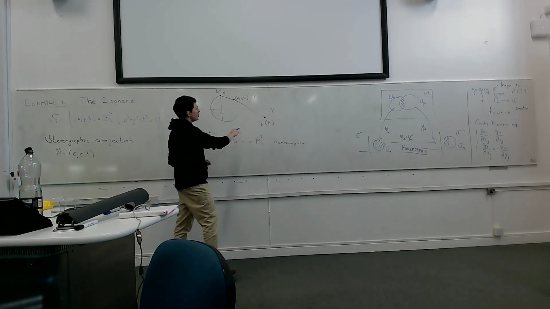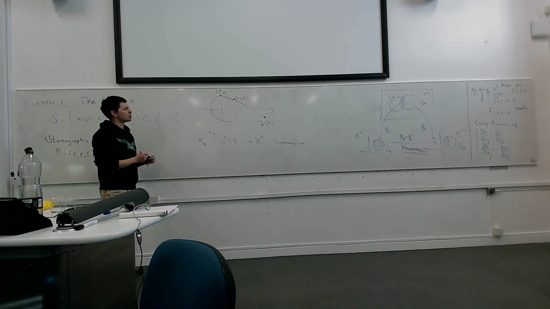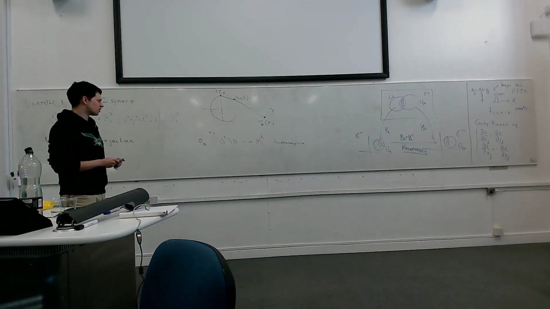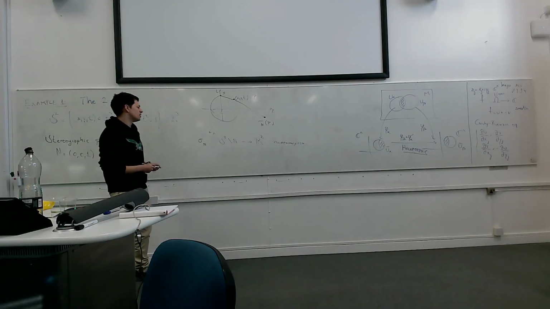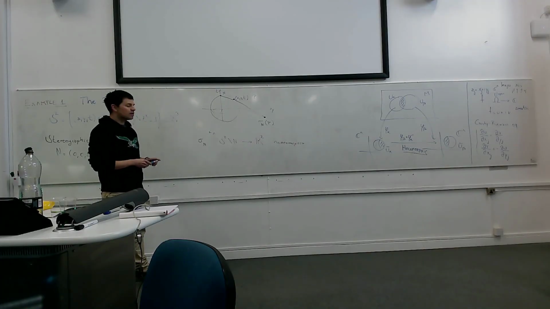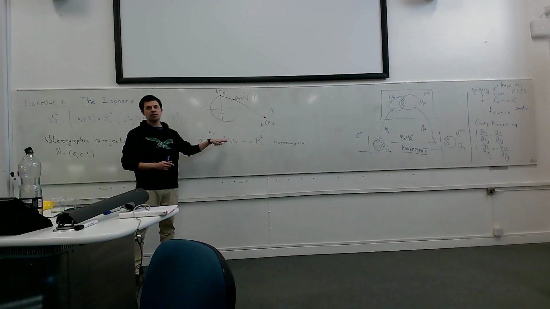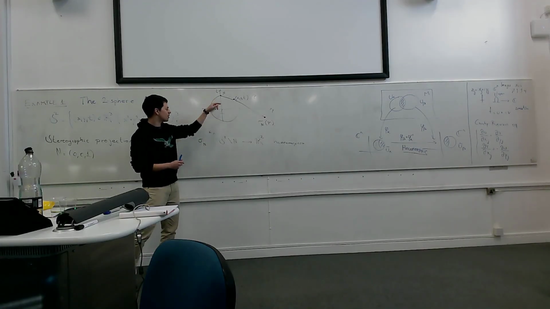So it is continuous and it is a bijection. We're almost there. The only problem is that we didn't cover the whole sphere; we are missing the North Pole.